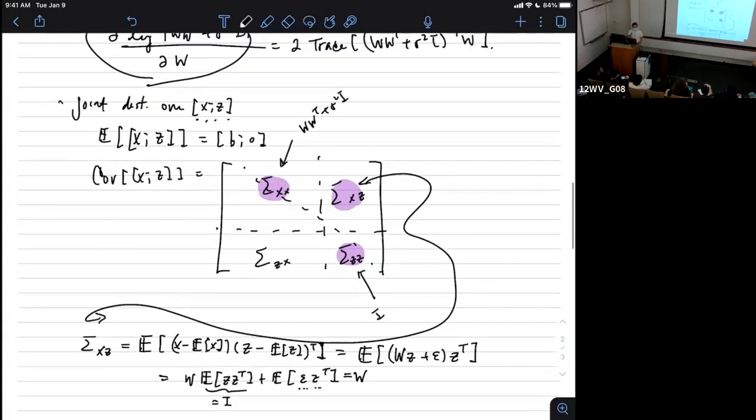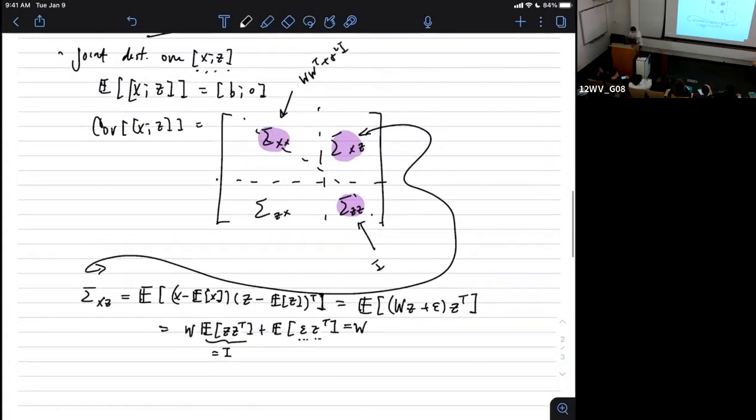And what was a nice property of the Gaussian again is that any conditional induced by the Gaussian joint distribution is again a Gaussian distribution. So then let's try to compute the posterior distribution.